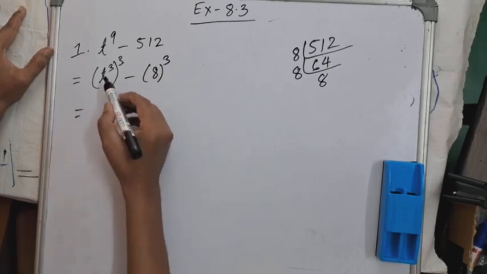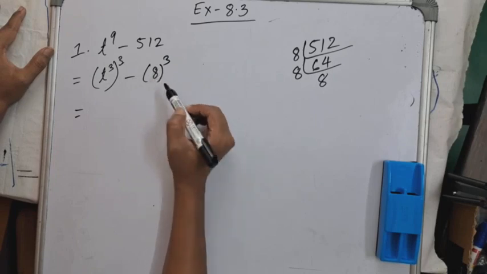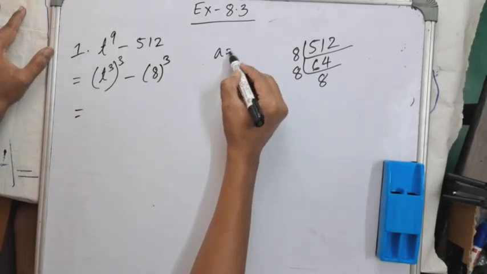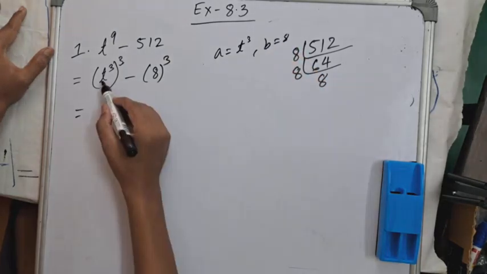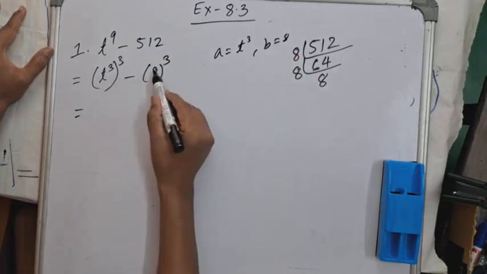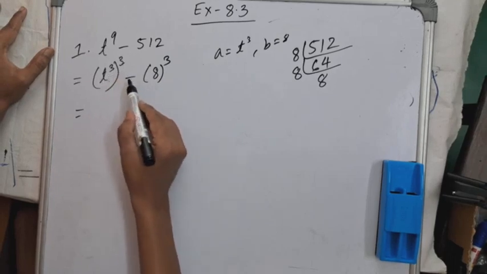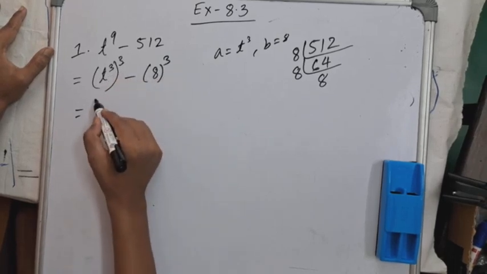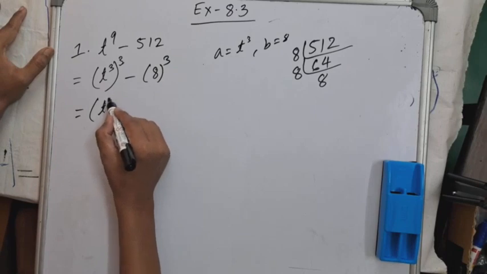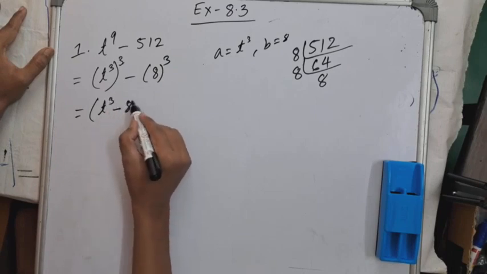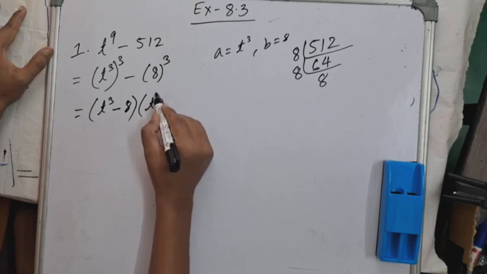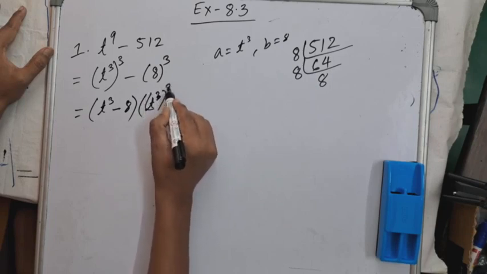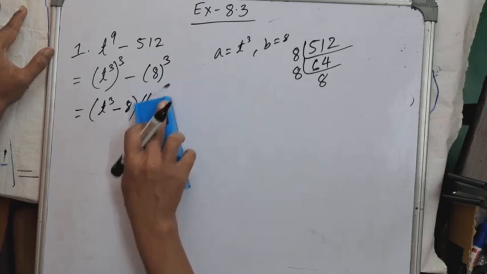Now this t cube we assume as a and 8 we assume as b. So a cube minus b cube, we have the formula, isn't it? That is a minus b whole into a square plus ab plus b square.